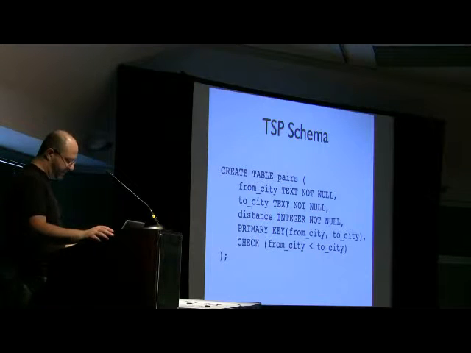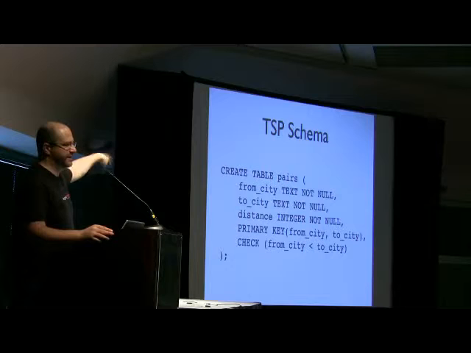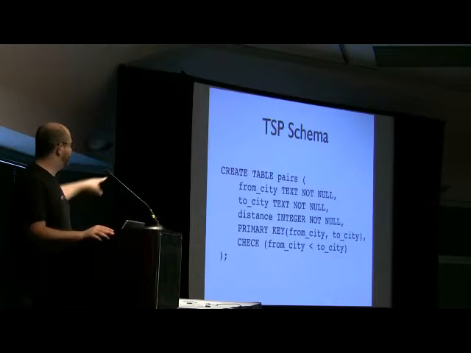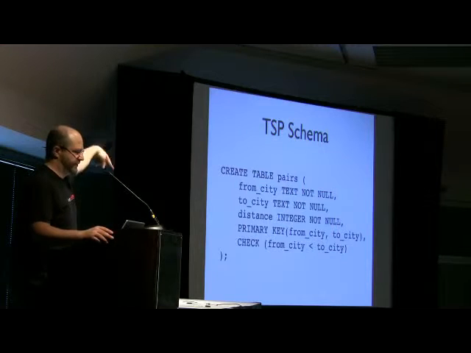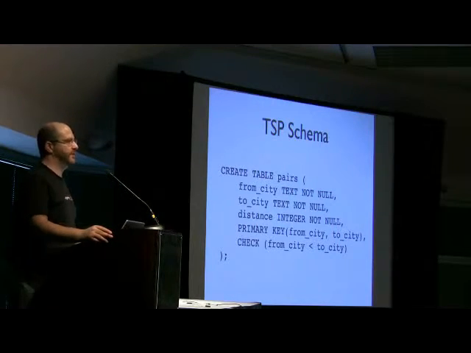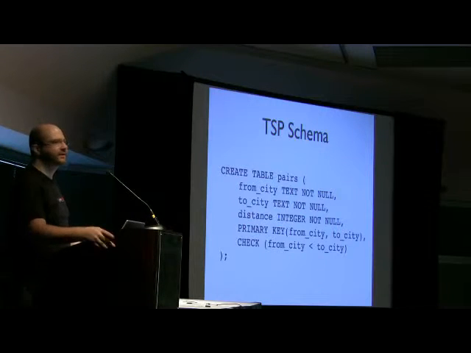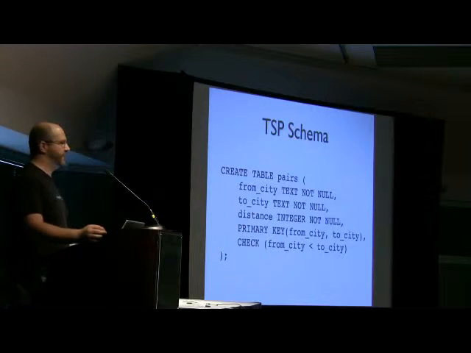So we'll make a schema, create pairs of cities with distances between them. We're going to have a primary key of just the two cities, and then we're going to check from_city less than to_city. Why would we do that? That's right, we don't duplicate information.